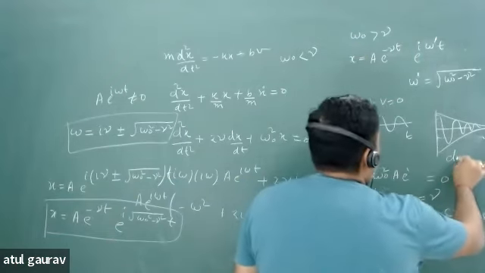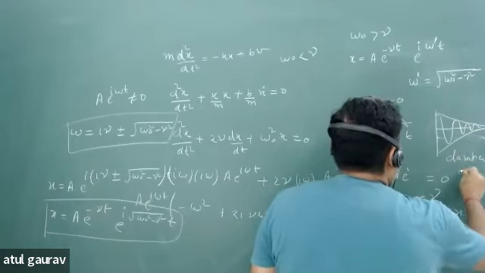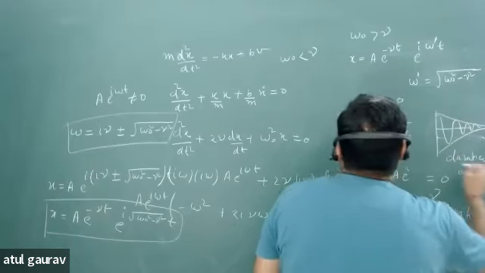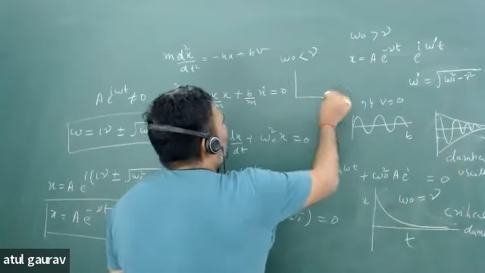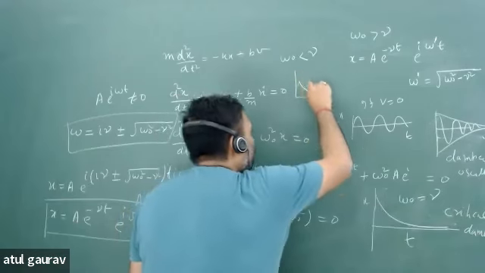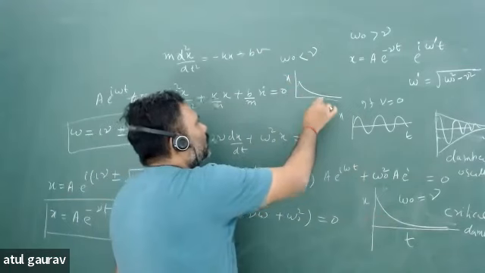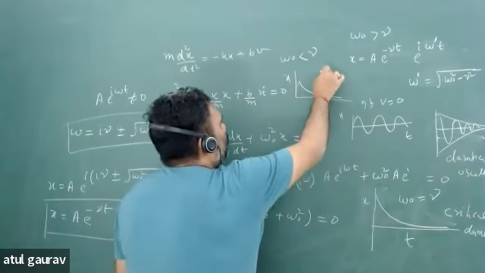And this is your damped oscillation. And if omega naught is there, again you are going to very sharp. So what will happen? Going a little bit up, it will be something like this. This kind of curve will come, x versus t. And this is your over damped.